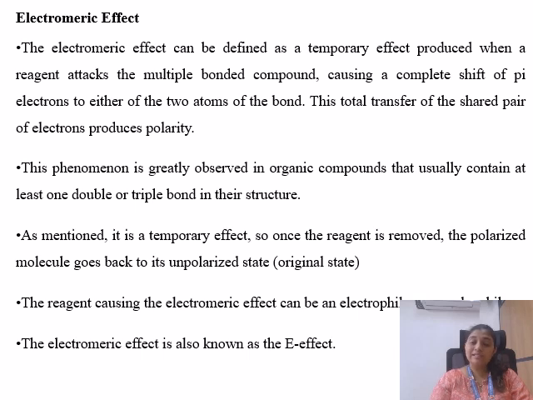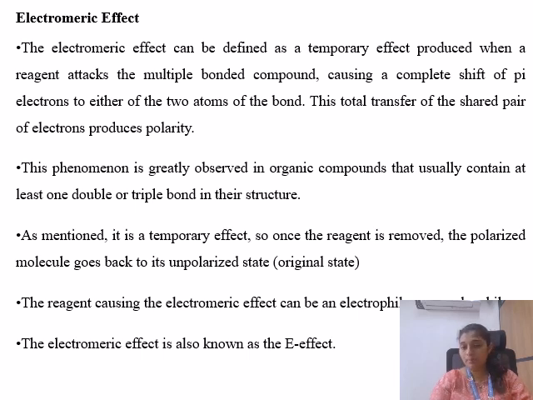Coming towards the electromeric effect, as we just discussed in the physical property, the electromeric effect is a temporary effect we can find in the carbonyl compound. When we are talking about the electromeric effect, the presence of a double bond or triple bond should be there.